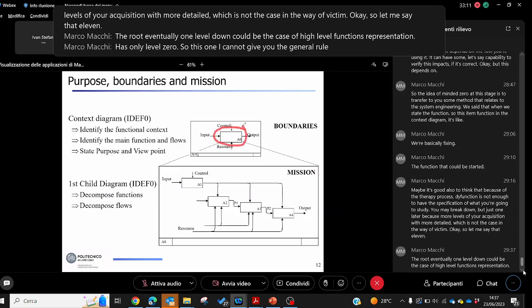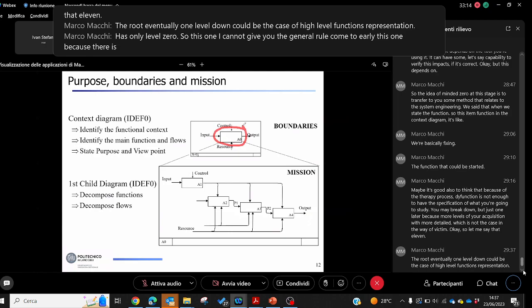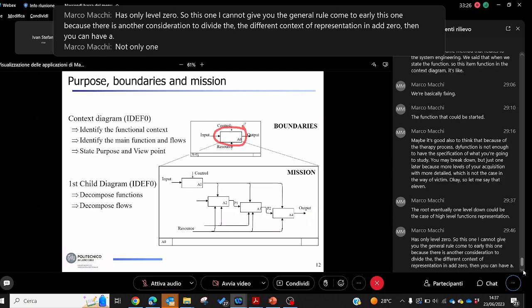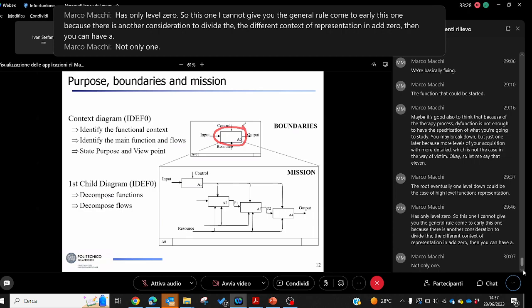There is another consideration to divide the different contexts of representation in IDEF0: you can have different hierarchies, not only one. So what do different hierarchies mean?